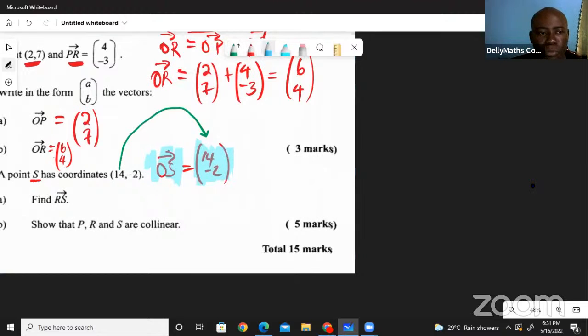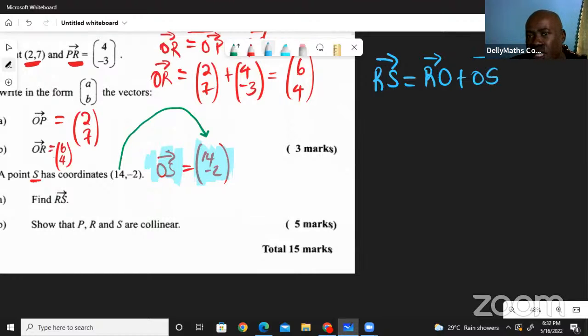In a position vector system, all vectors are linked through the origin. So we move from R to O, and then from O to S. It's a simple walk, and this is what you're going to do every single time. And guess what? CXC love position vector, so many times it's going to be position vector.